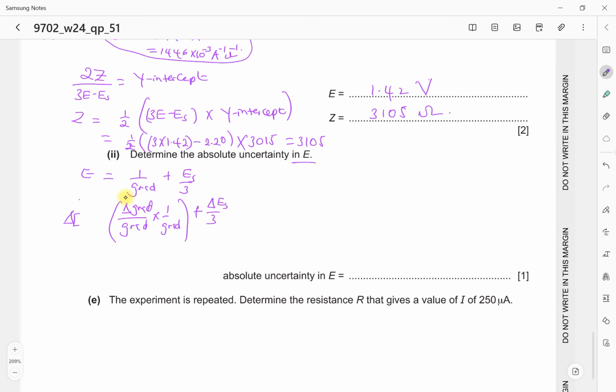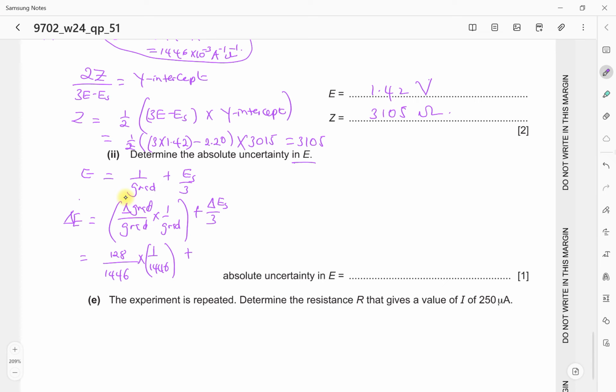This will give us the absolute uncertainty in E. So I'll make a substitution. The absolute in the gradient, I think it was 128. The gradient was 1446, times 1 over the gradient, which is 1 over 1446.